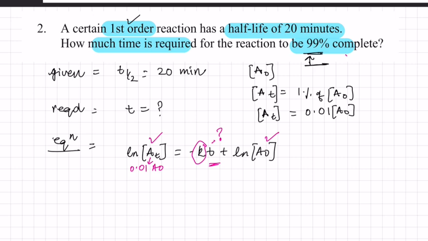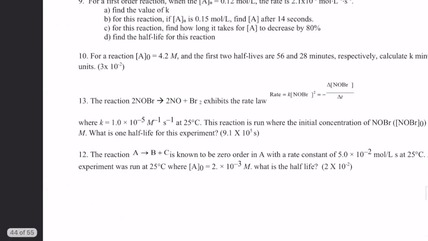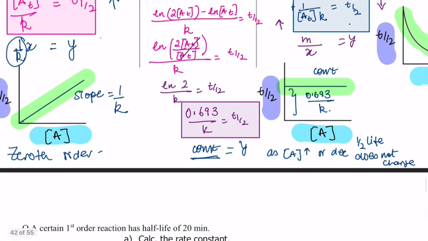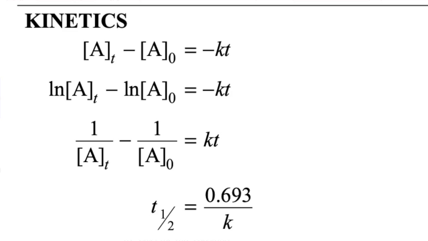Going back to your grade 9-10 math, you remember that there is never really a time when they can ask you to solve two variables from one equation. This means something else is given to me where I can solve one of these two variables. And what is that? T half is 20 minutes. If you remember, a first order reaction is something where the half-life is constant, and the expression for half-life is also given to you on that formula sheet.